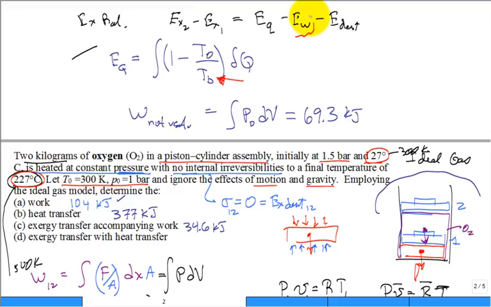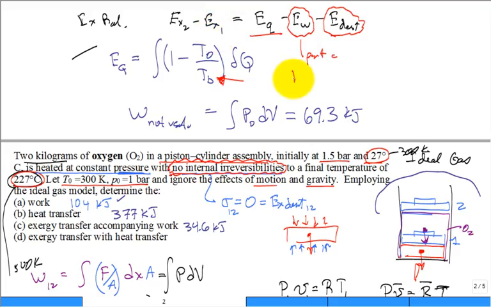Did we just calculate the exergy transfer with the work in part C? Part C, yeah. The key words right here: no internal irreversibilities. What does it say about this term? 0. Now this is equal to a change in exergy. I just need to calculate the change in the exergy.